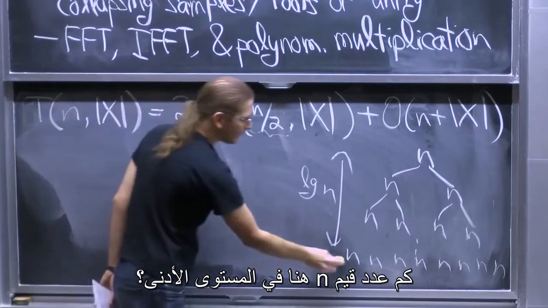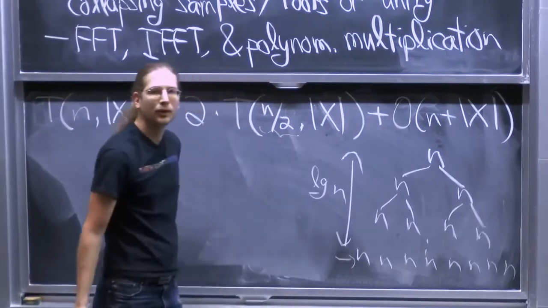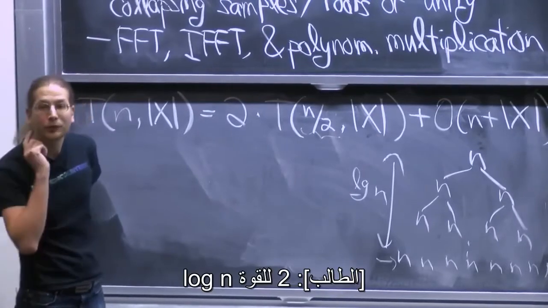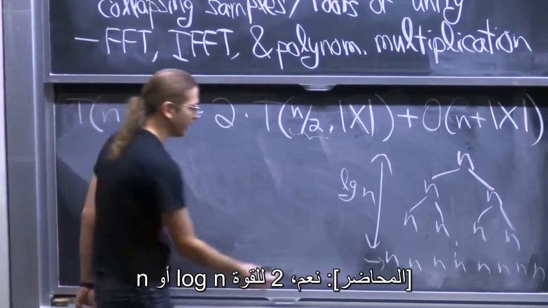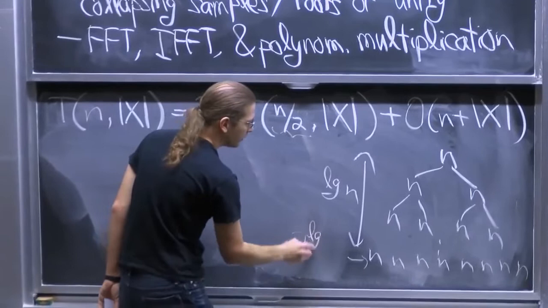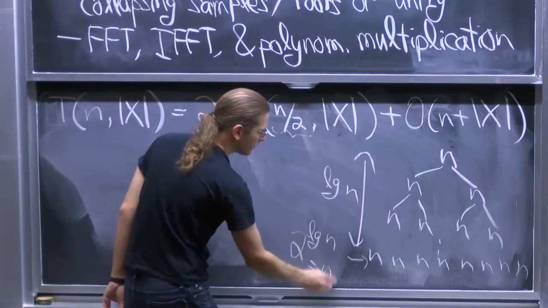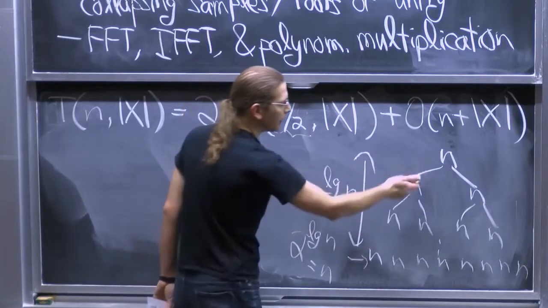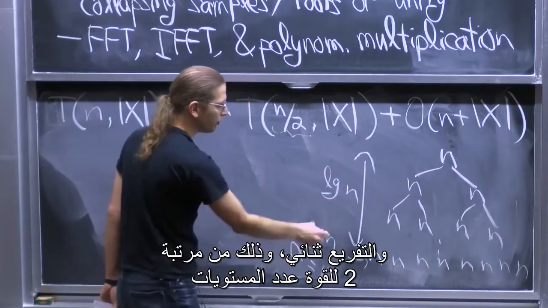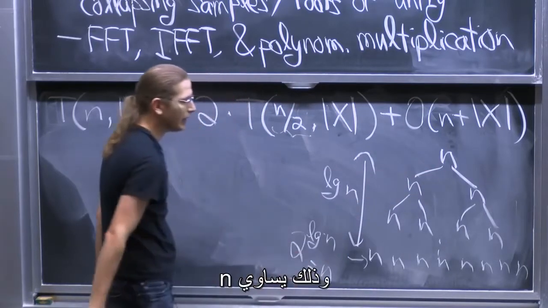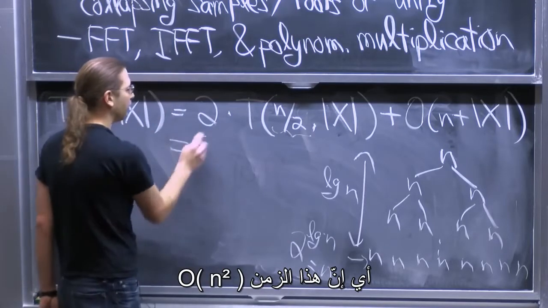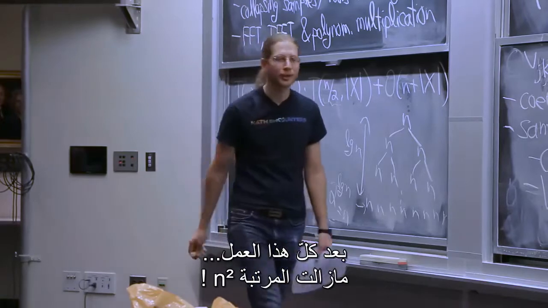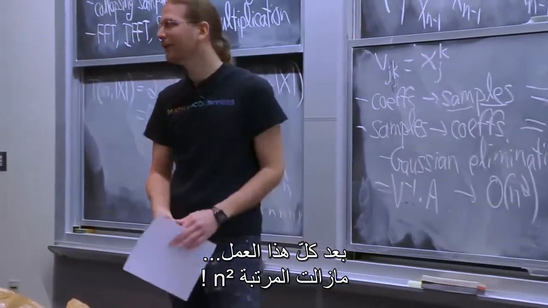How many n's are there down here? 2 to the log n, also known as n. Good. Because we had log n levels, we had binary branching. So it's 2 to the number of levels, which is just n. So this is n squared. All this work, still n squared.